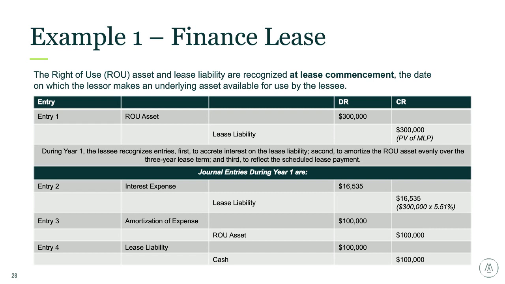And then finally, we're going to make our payment to the lessor, so we're going to credit cash as the cash goes out the door, and we're going to debit your lease liability for the reduction in principal. So your lease liability won't go down by the full 100, obviously, because there's an interest component. That's why we increase in entry 2 the interest component.